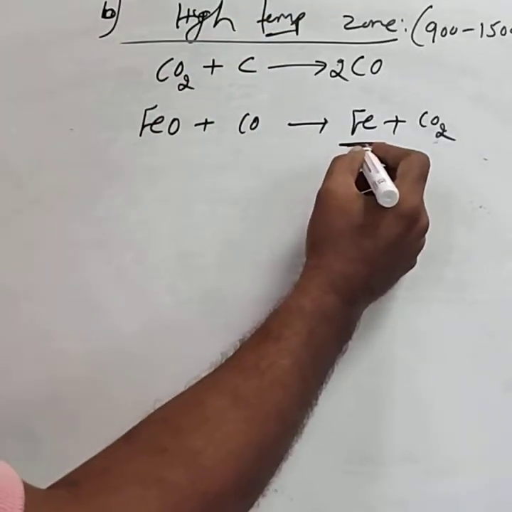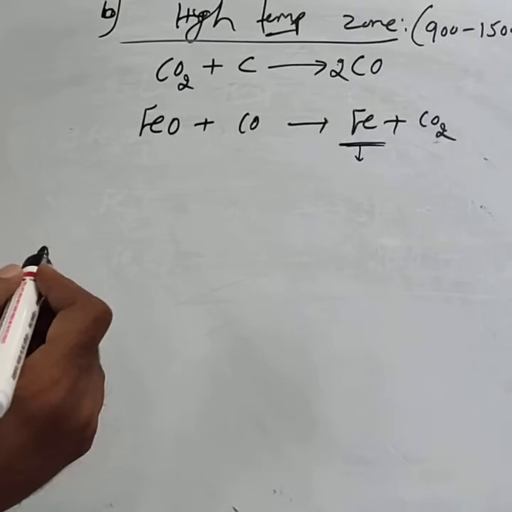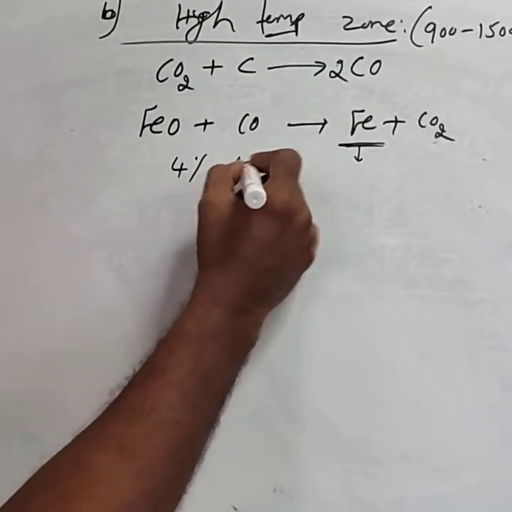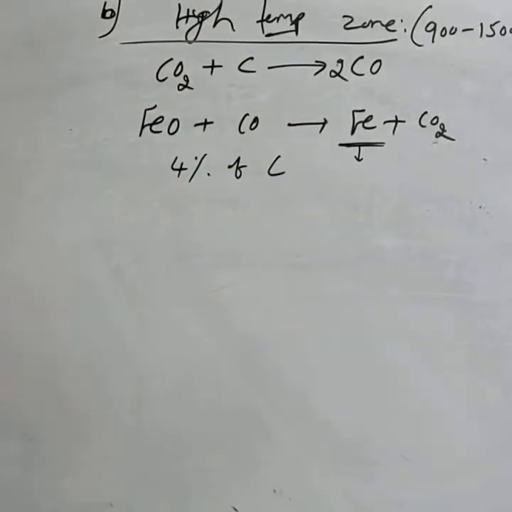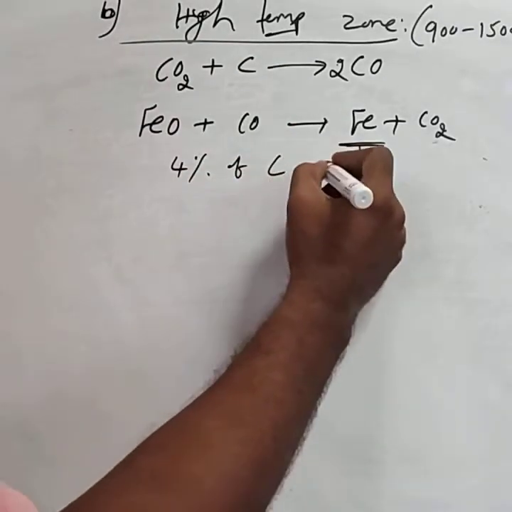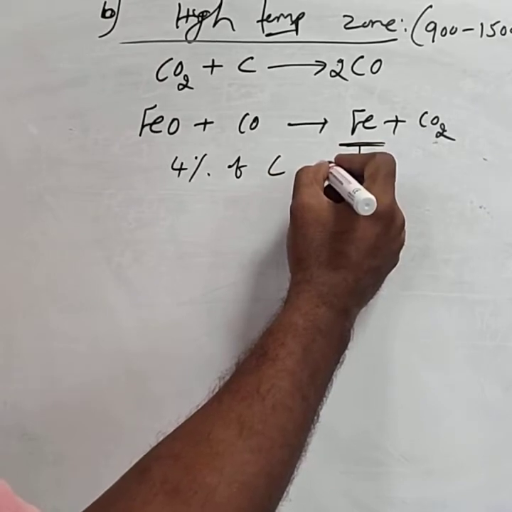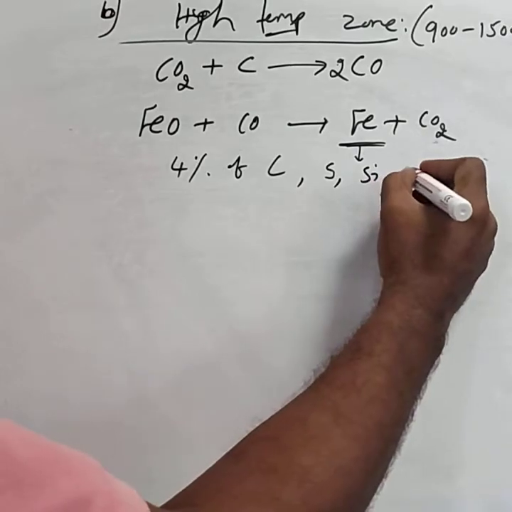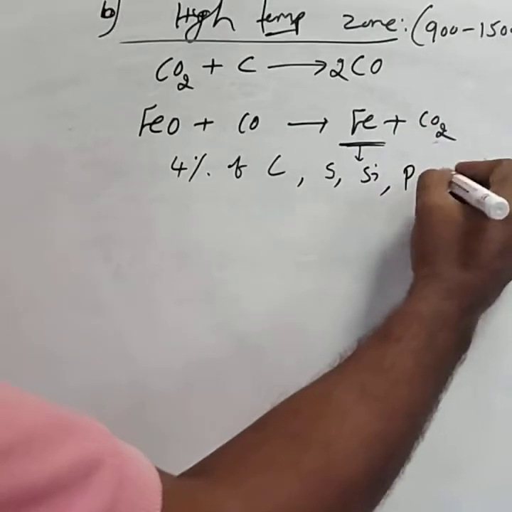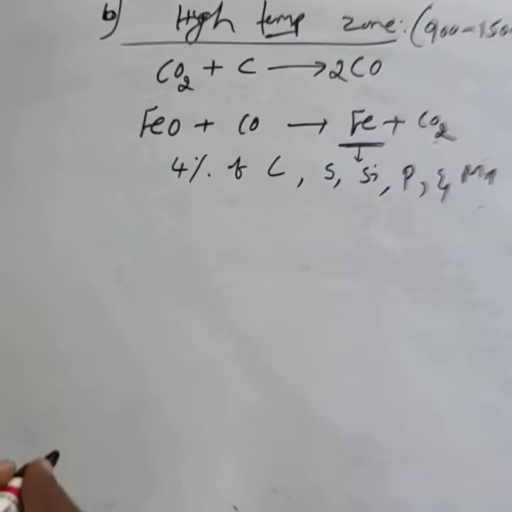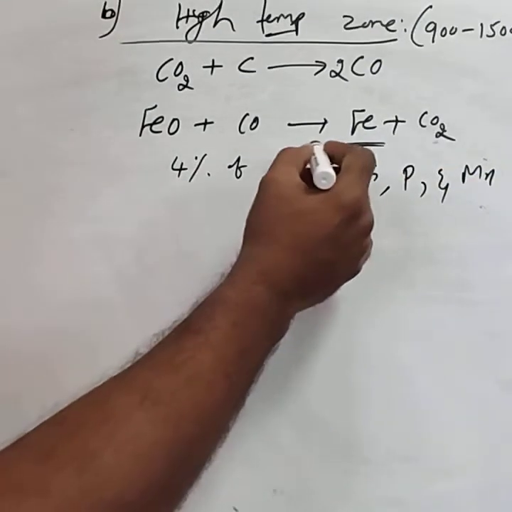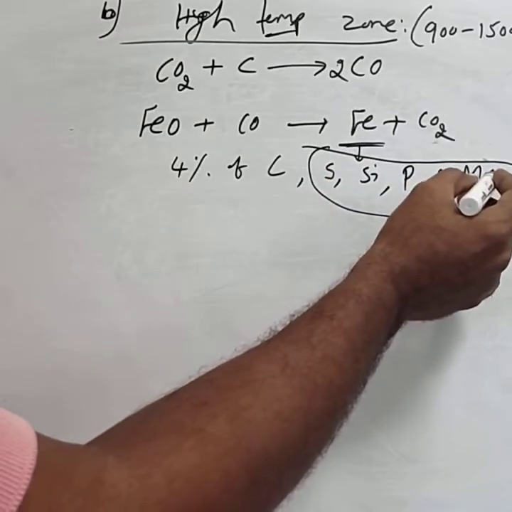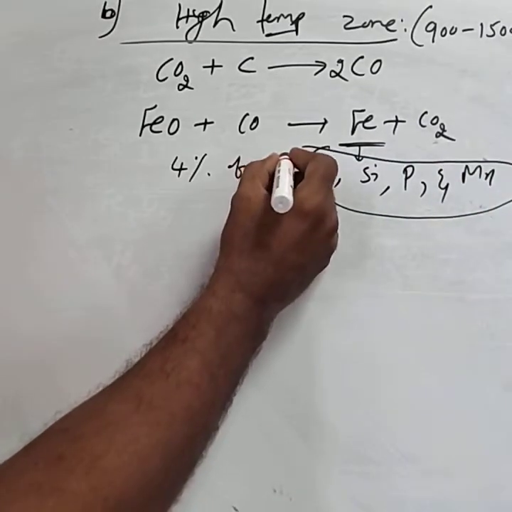The iron formed in the blast furnace contains 4% of carbon and other impurities like sulfur, silicon, phosphorus and manganese in traces.